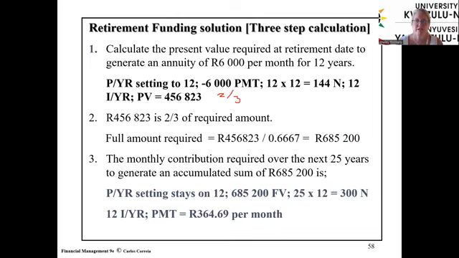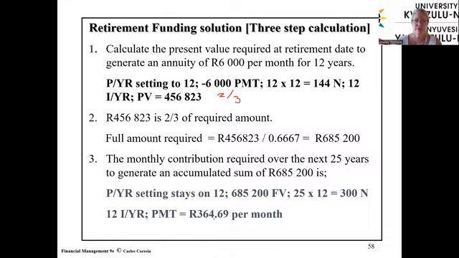So keep your P/YR setting on 12 because the interest is still being compounded monthly. Put the 685,200 in as your FV. Your N will be 25 years times 12, because there'll be 300 contributions that she'll make every month for 25 years. 12 is the I/YR. The computer will divide it by 12 for us.